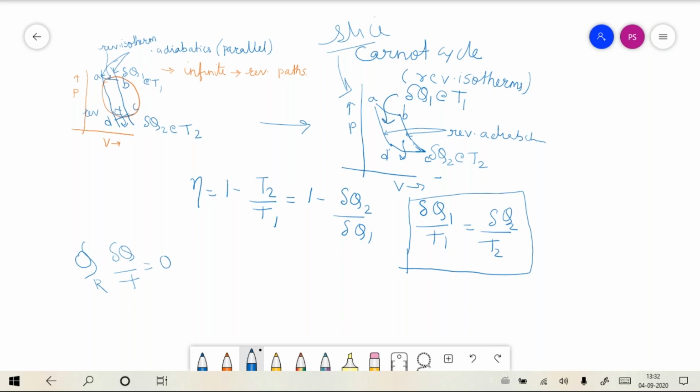Now, if you consider another slice next to it, any other slice, then you can have another Carnot cycle, wherein the heat transfer would be del q3 at T3 and heat rejection would be del q4 at T4, whatever nomenclature you choose. And you can similarly show that for that slice del q3 by T3 would be equal to del q4 by T4.